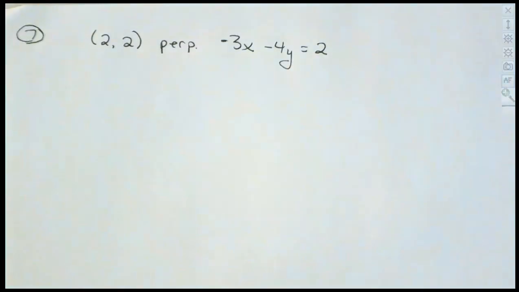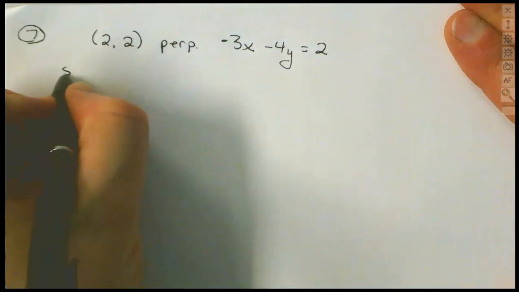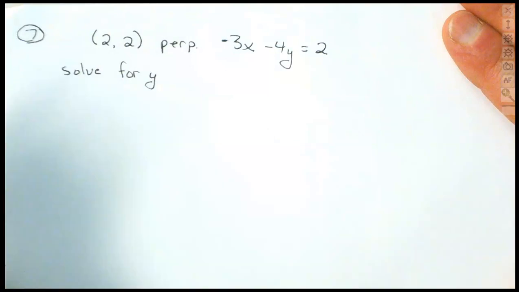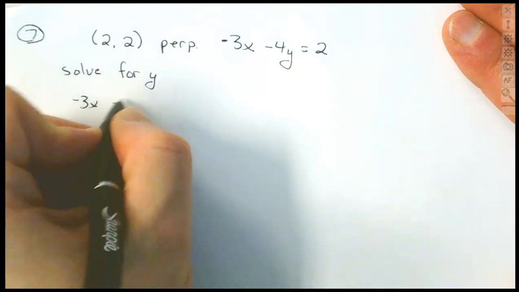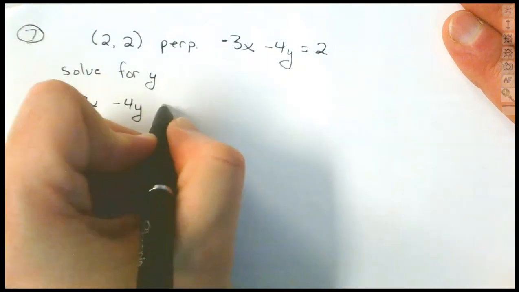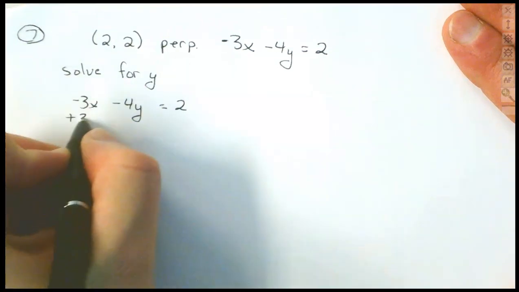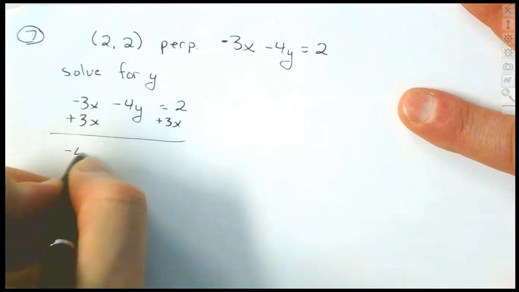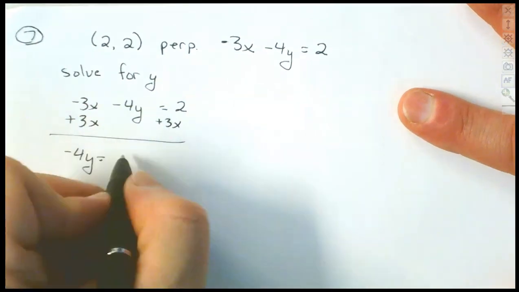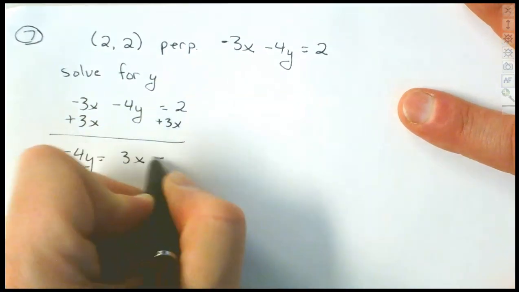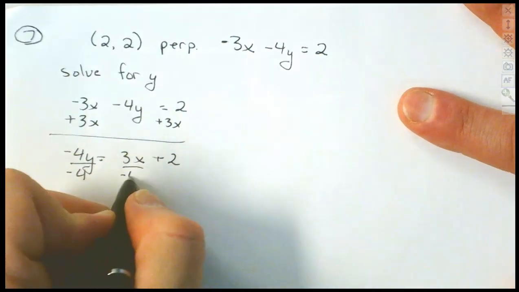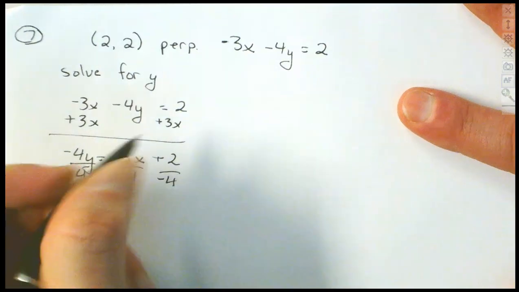So we proceed the exact same way we did it before. We just take that equation and we solve it for y. So let's go ahead and solve this for y. Minus 3x minus 4y equals 2. We're going to add that 3x over, and minus 4y equals now 3x plus 2. We'll divide by our negative 4, and we're going to reduce down if we can.